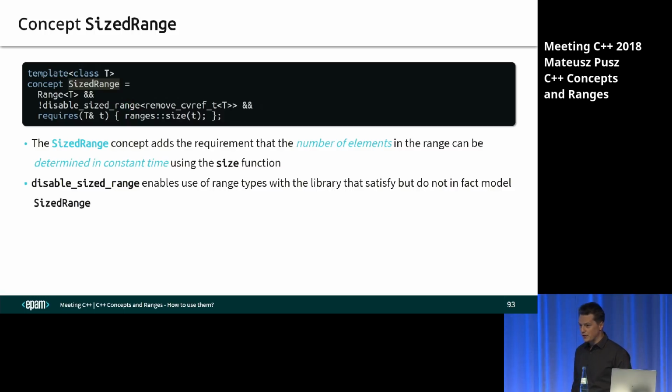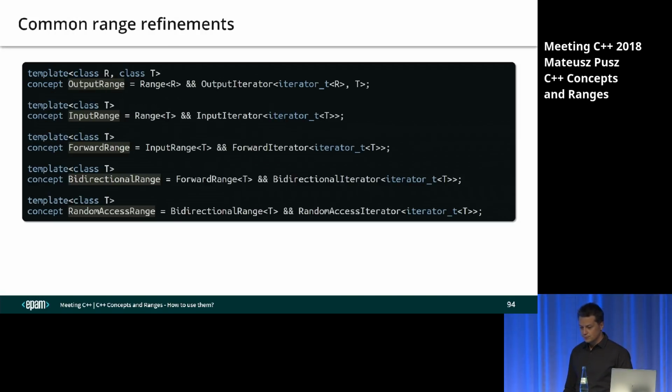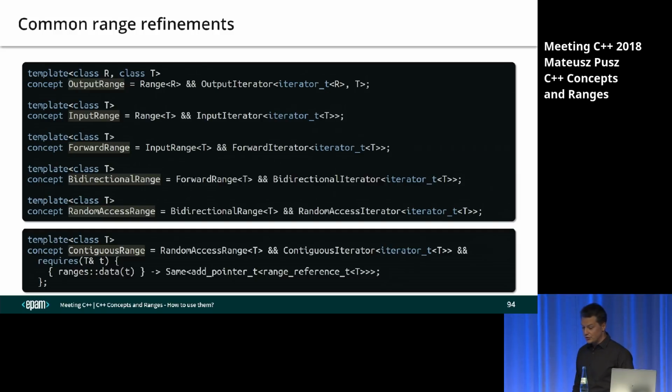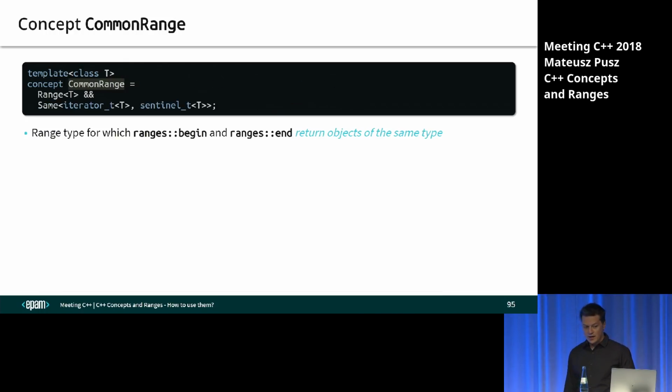So if you have a container that calculates size in linear time, for example, then you should provide information that it's not a sized range. We have also output range, input range, forward range, bidirectional range, random access range, and contiguous range that are specified according to their iterators. And again, we have something called common range that has the same types for iterator and the Sentinel.